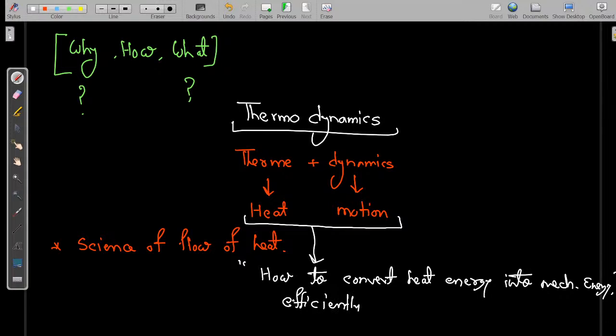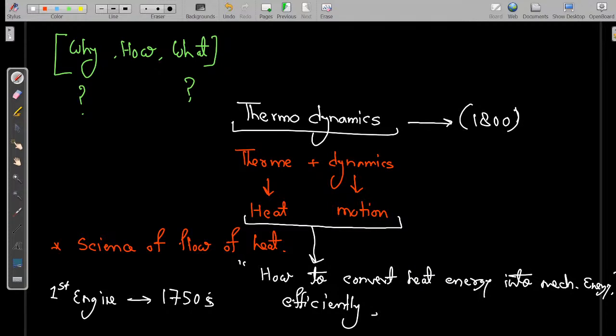because the first heat engines, or steam engine, came in the 1750s, but the subject thermodynamics originated around the 1800s.